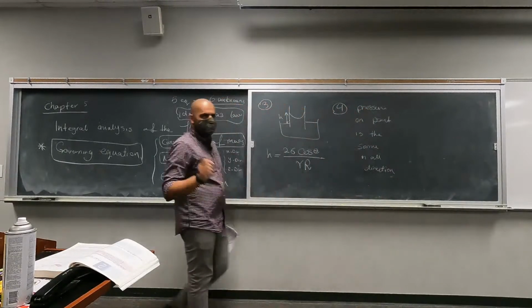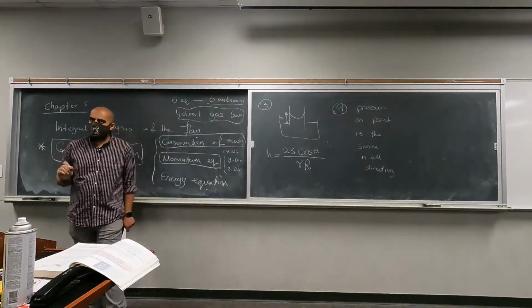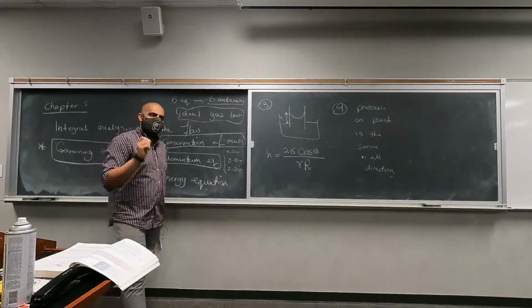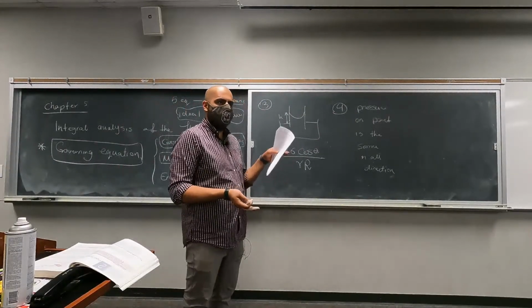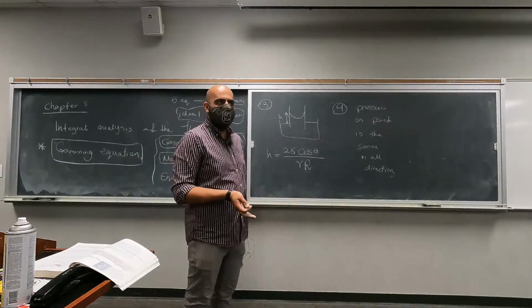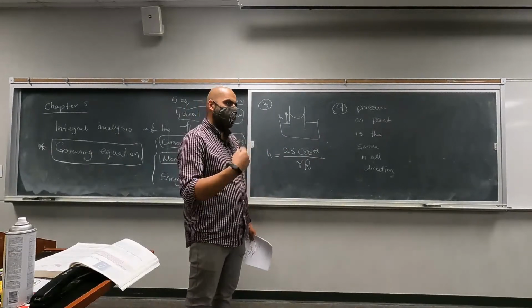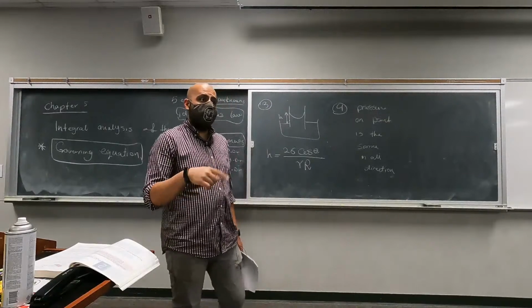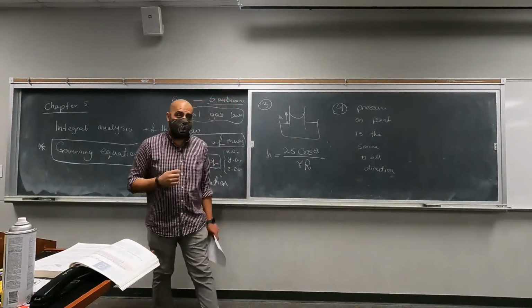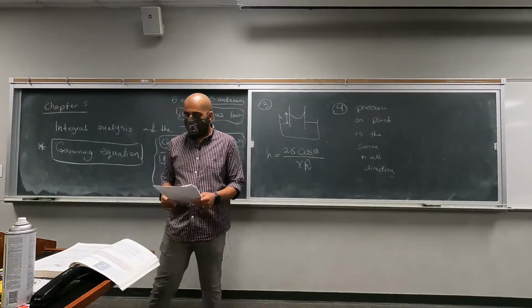So essentially, pressure on a fluid particle depends on its depth and where the particle is located compared to the free surface. But it doesn't really matter which direction you are looking at that particle. The pressure has to be the same all around that particle, right? That was the Pascal's law that we talked about at the beginning of chapter 2.